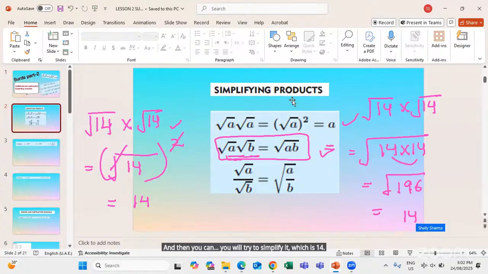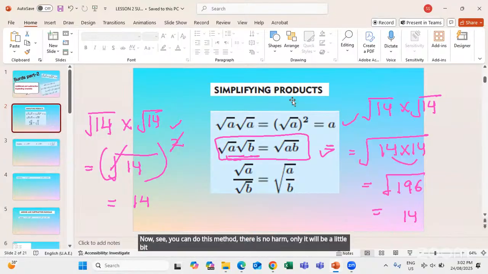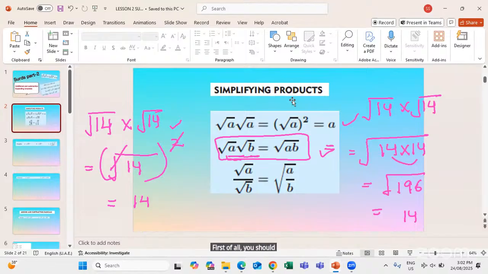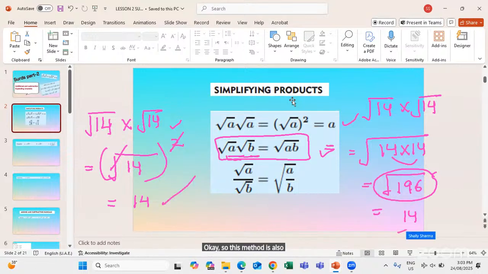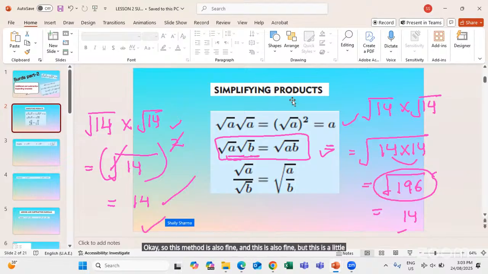Now you can do this method, there is no harm, only it will be a little bit time consuming. First of all, you should know that 196 is a square number, so you can find its square root quickly. You need to know those things. So this method is also fine, but this is a little quicker method.